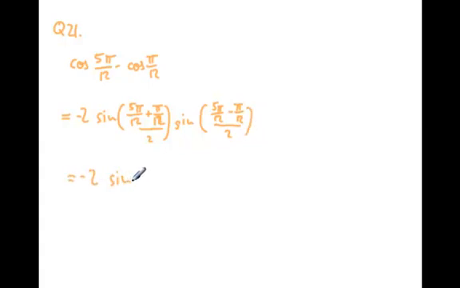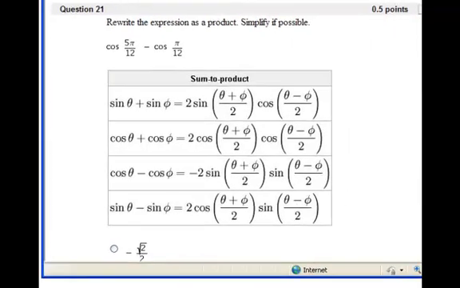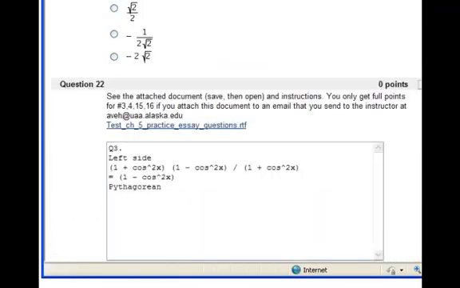Sine, that's going to be 6 pi over 12 divided by 2, which is going to be 6 over 24, so it's a quarter, pi over 4. And this one is going to be sine. That's 4 over 12, so 4 over 24, which is pi over 6. That's the answer.